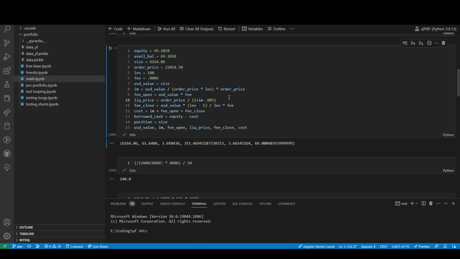Is that right? Order price divided by 1 plus initial margin. Why is my initial margin so high?